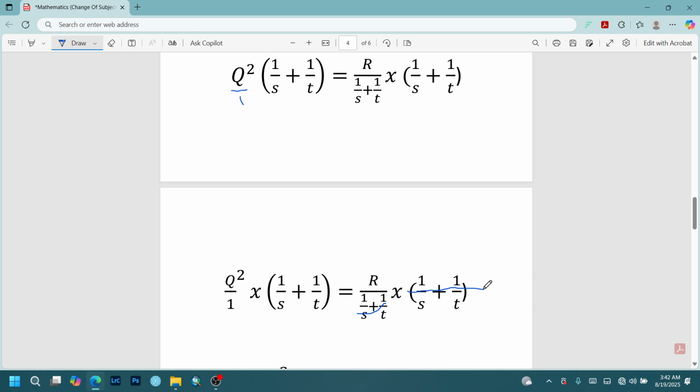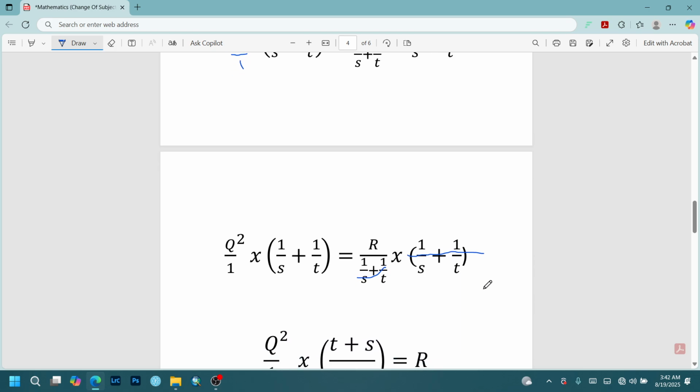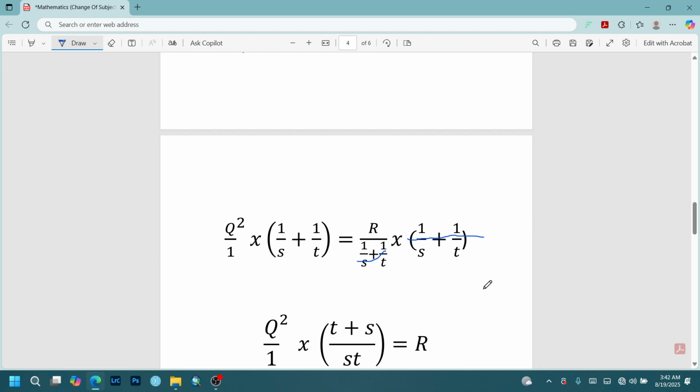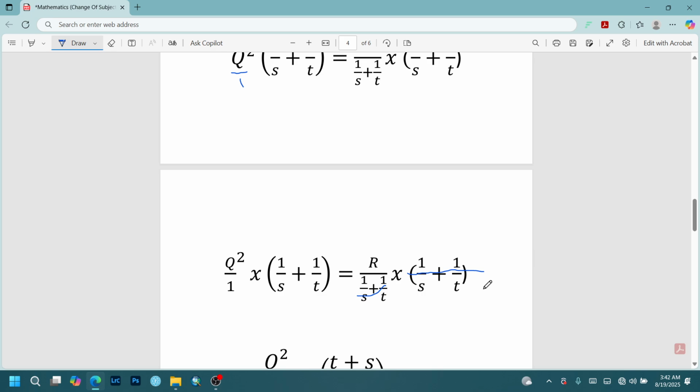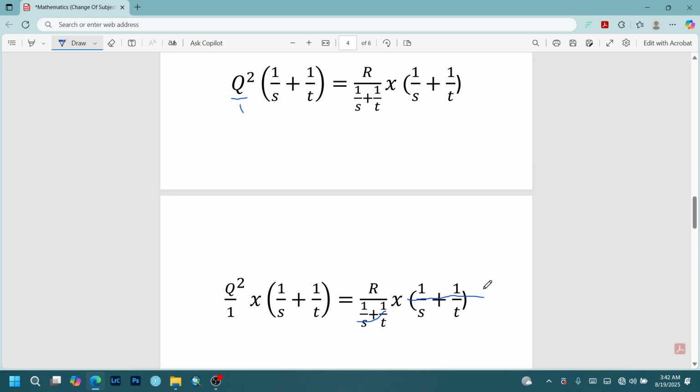Okay, leaving our equation to be Q square over 1 multiplying the fraction 1 over S plus the fraction 1 over T, equals R, right? So here, in solving for the fraction 1 over S plus 1 over T, we do what we call cross multiplication.